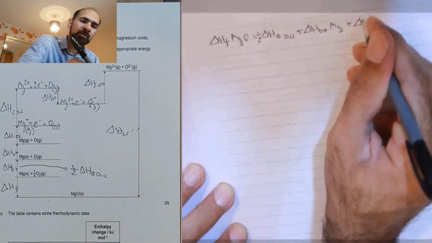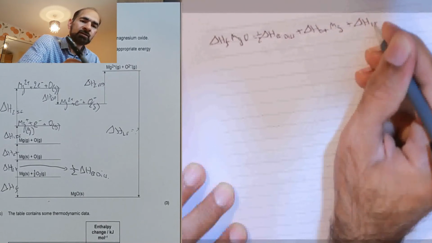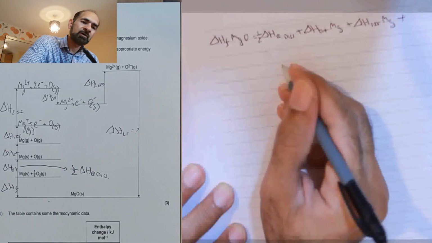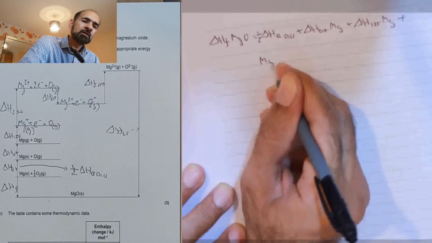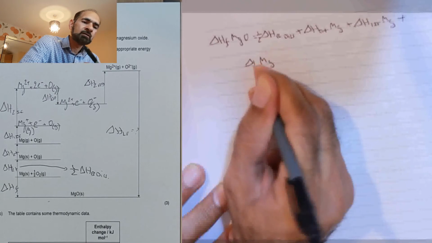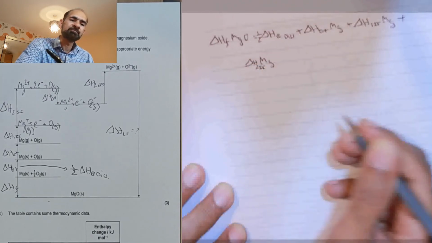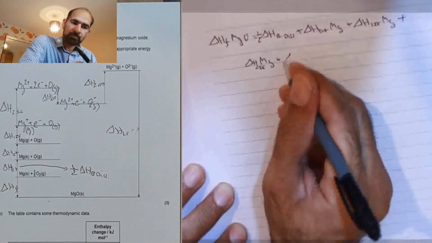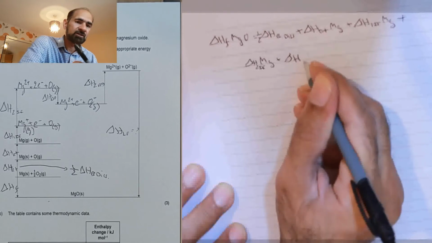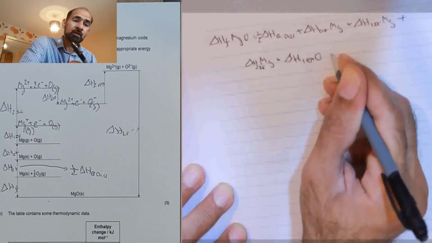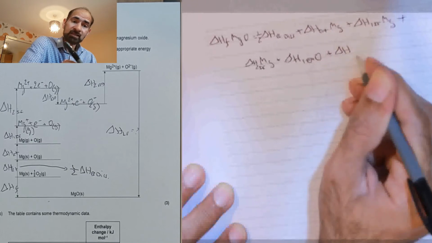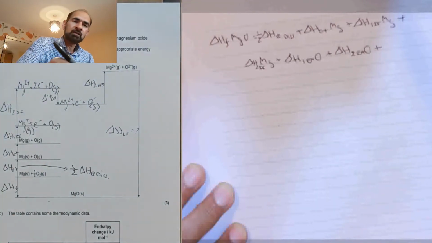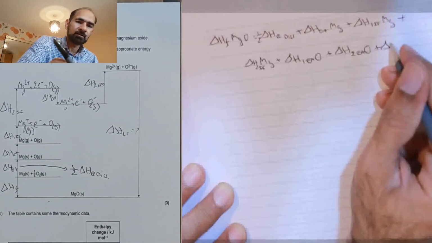The next step is enthalpy of first ionization energy of magnesium, plus enthalpy of second ionization of magnesium, plus enthalpy of first electron affinity of oxygen, plus enthalpy of second electron affinity of oxygen, and of course plus the lattice enthalpy.